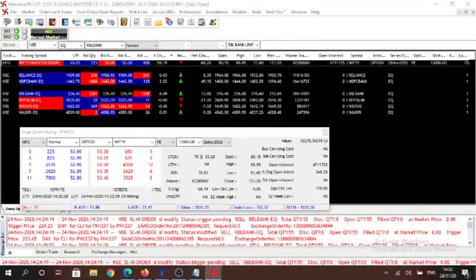HDFC Bank at 1 week highs, everything is moving up. So now we're about to make new lows in puts. Let's see.